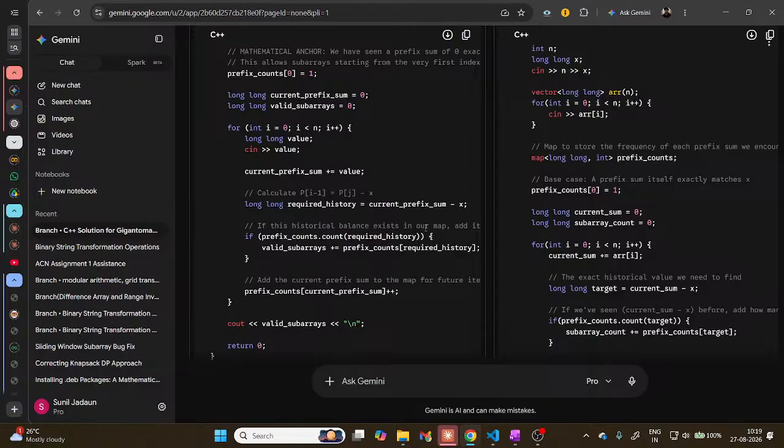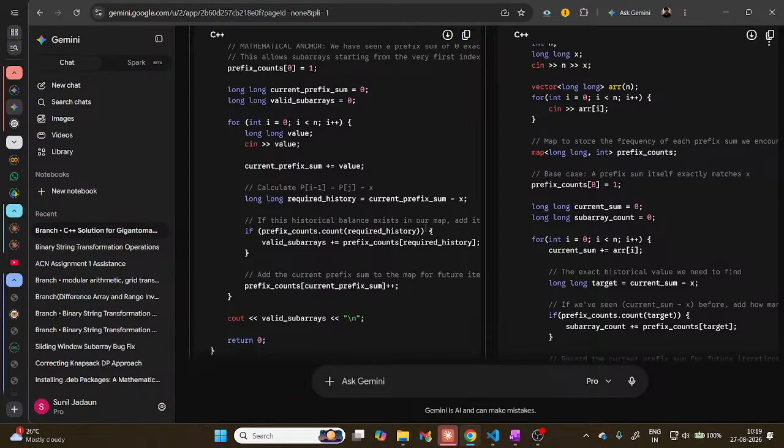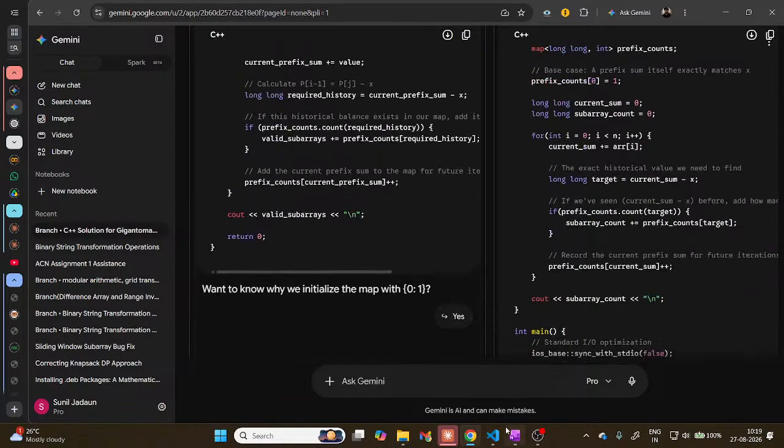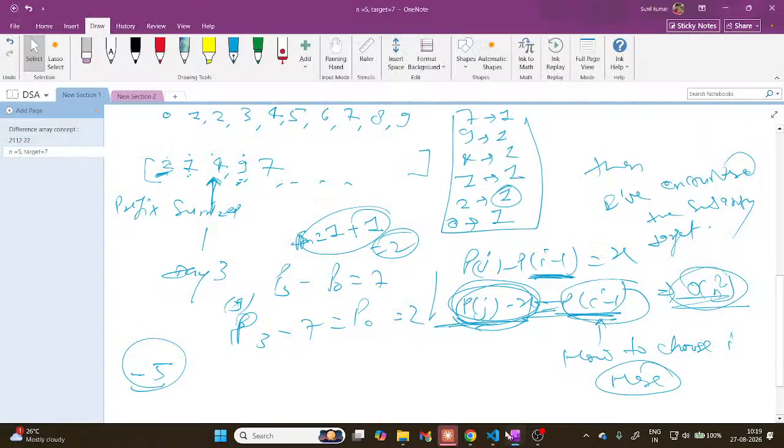If it is there, then valid sum plus equal to prefix counts of required. If it is not there, the current prefix sum count plus plus. So guys, that is the only way I was telling you also. This is the same thing. We have to do this one. This is a very interesting question, and let's try this.